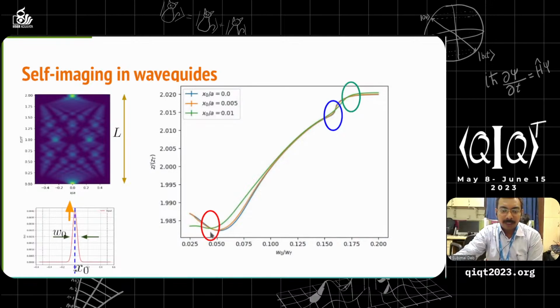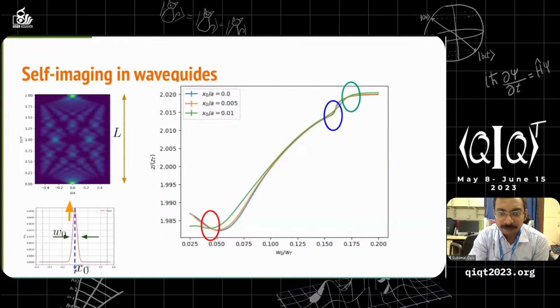And when that happens, that means that we can use this system very efficiently if we know what beam width to use and exactly where we are going to get such a fine-tuned self-imaging distance, where the self-imaging plane becomes almost stationary with respect to the offset. And that is important because it might be very, very difficult to launch a beam right at the center of a thin waveguide.